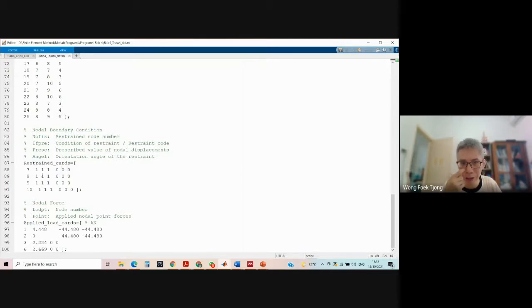So my program is very special. It's quite complete, except maybe the temperature. I have not yet included the influence of temperature here, but you can develop it by yourself. After finishing the finite element course, you are actually able to write your own computer program, if you have time, of course.